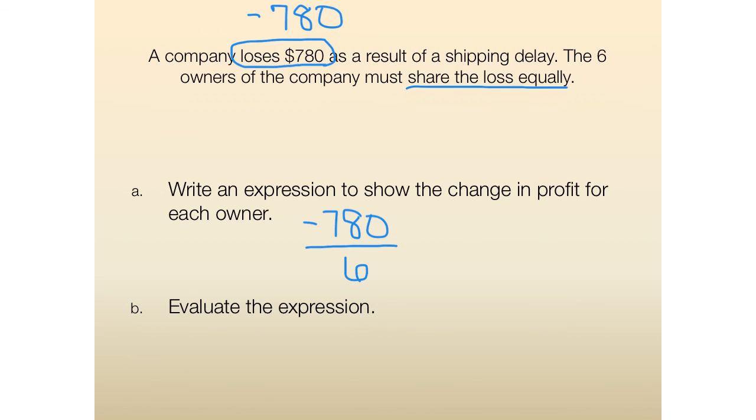Well, negative 780 divided by 6 is going to give us a negative answer because negative divided by positive is negative. 780 divided by 6, you can use long division or use your calculator, but you will get 130. So each owner will have to pay or will lose $130.